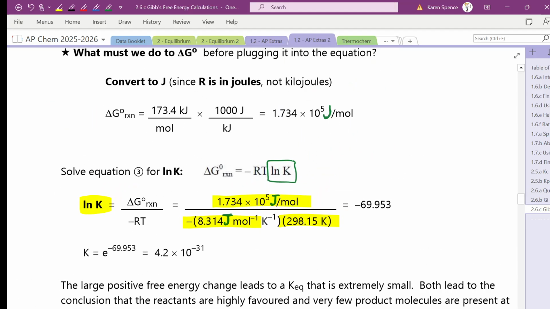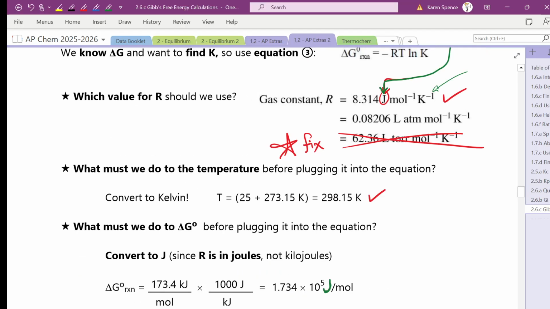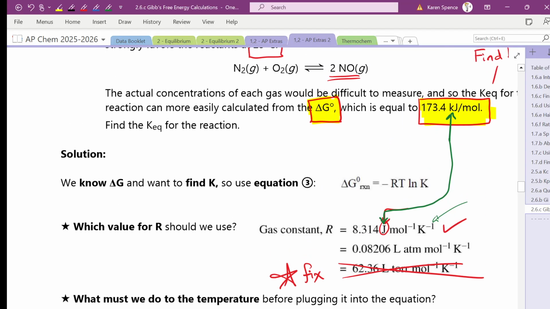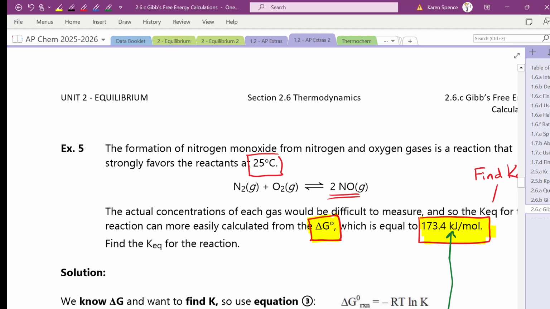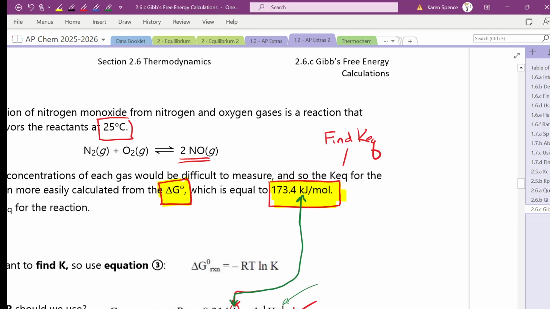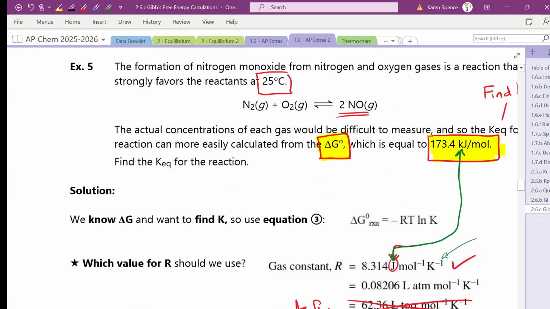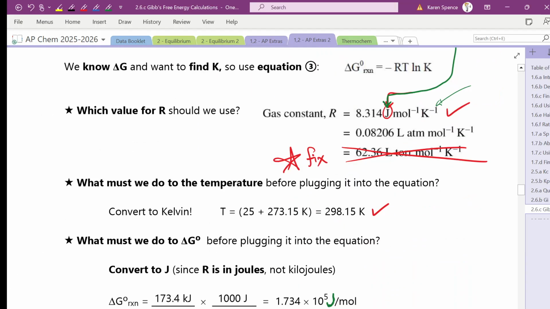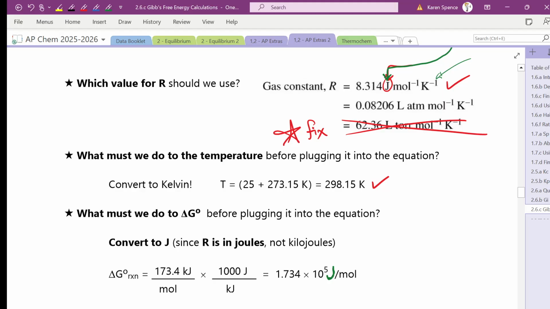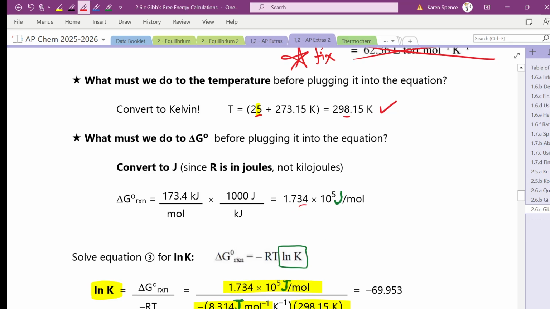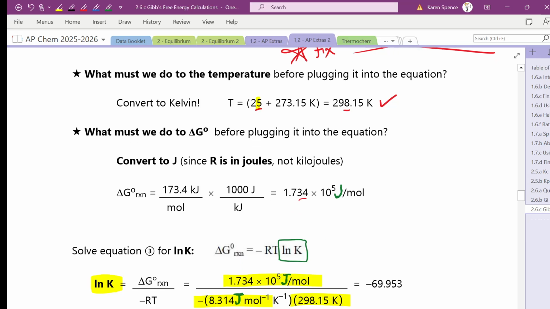Where are my sig figs here? Why did I go to 2 sig figs? This would be 3 sig figs. This is 4 sig figs.